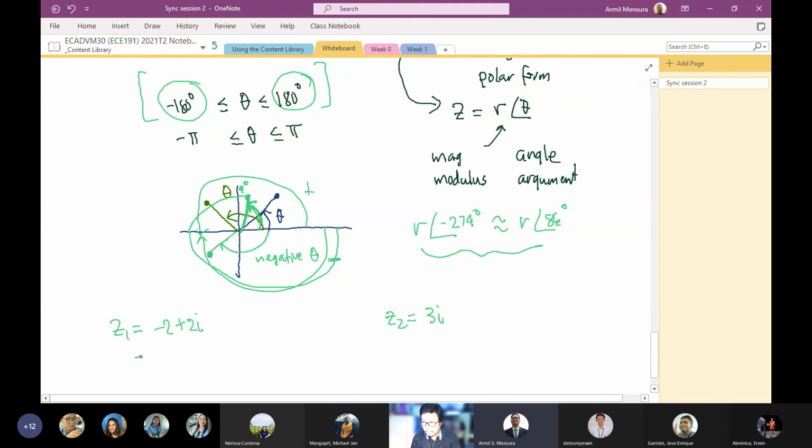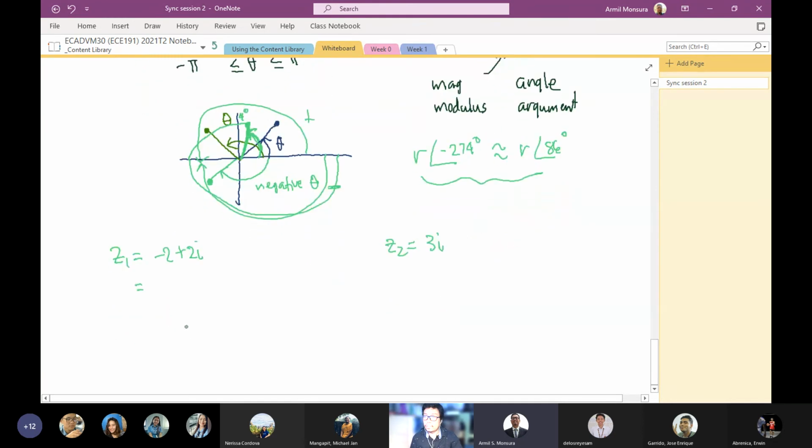Now, in terms of polar form, how do we write this one? So we first determine R. This is the square root of negative 2 squared plus 2 squared. This is 4 plus 4, 8. This is 2 square root of 2. Tama? Is this correct?